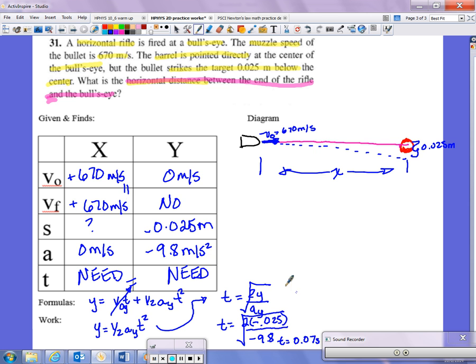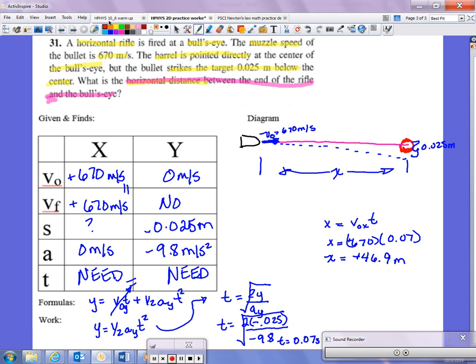All right, now that I have the time, I can go back here in x, and x is equal to v naught x t. So x is equal to 670 times 0.07. So x is equal to 46.9 meters.